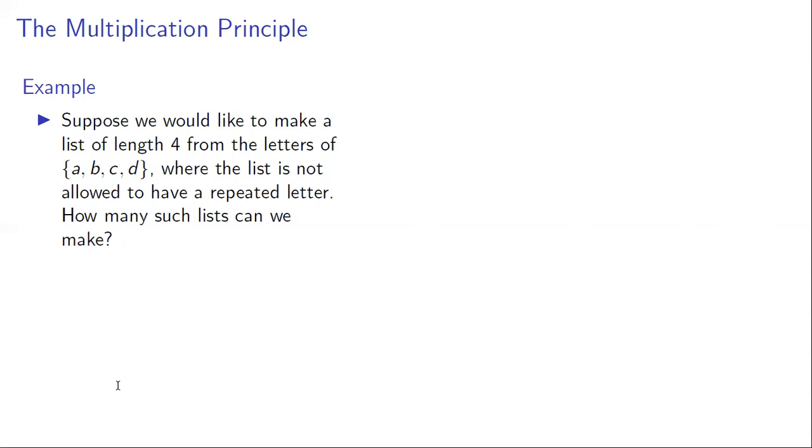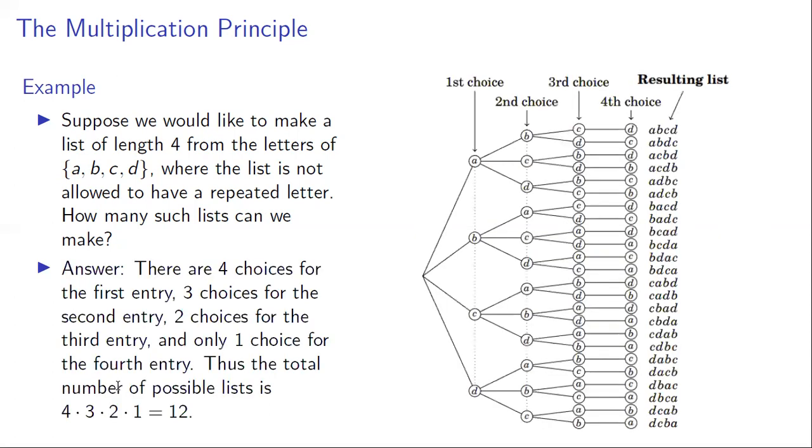But in this particular example, we're imposing a restriction on the list, and we're saying the list cannot have repeated letters. So the question is, again, we have these 4 letters. We would like to make a list using those 4 letters without any repetition. How many such lists can we make? Okay, so here again, this is an introductory problem, so we can draw a tree.